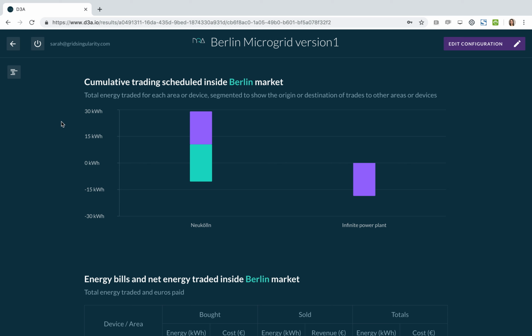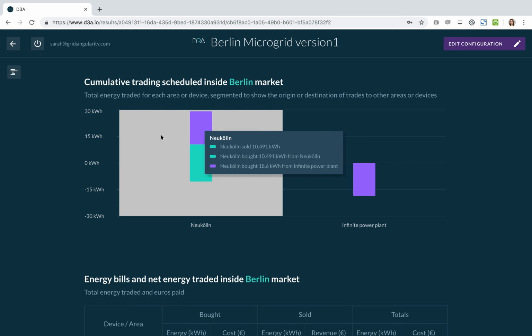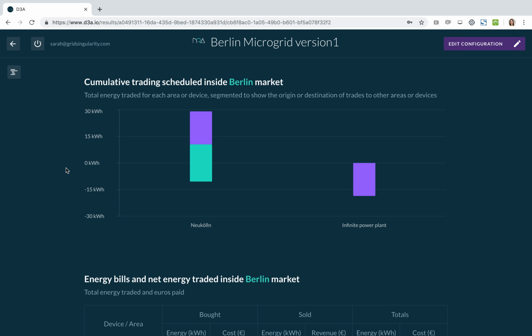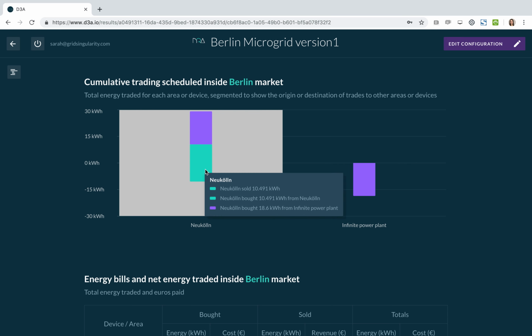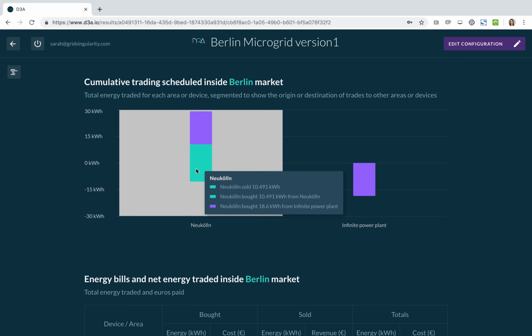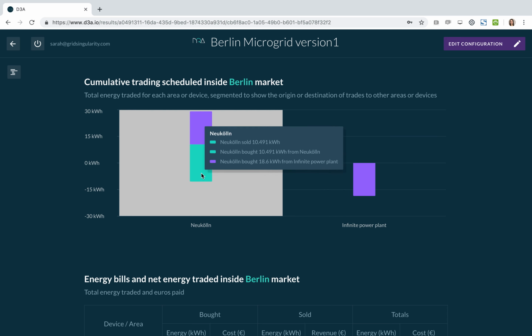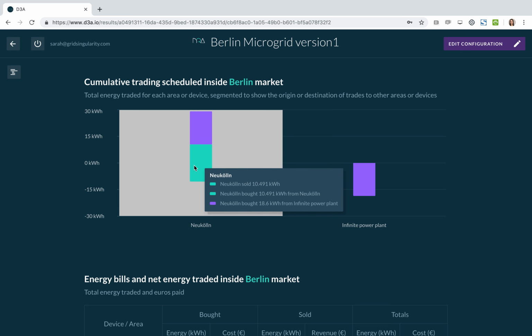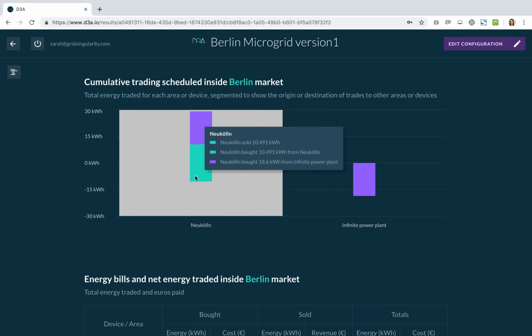Looking into the cumulative trading, you can see here what the flow of energy was inside the Berlin market. This is set up for the two different entities inside the Berlin market, Neukölln, which is an area, and also the infinite power plant. The negative values here are production. Neukölln is producing a certain amount of energy, and it's green here.